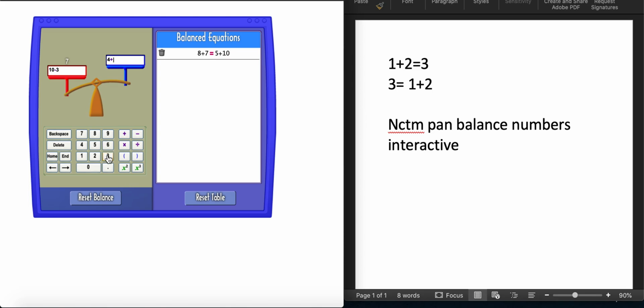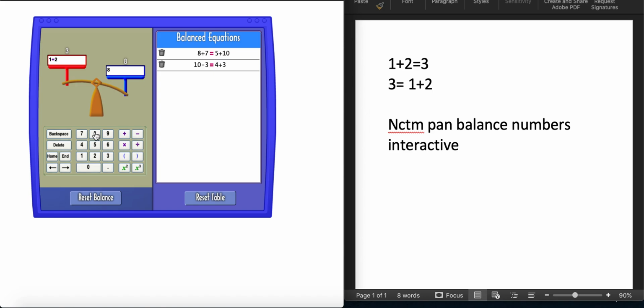Okay, hopefully you were able to figure out that if I add another 3 to this side, it's going to balance out. Now let's say you made a mistake. I have to click on a side before it'll let me do it. If I had 1 plus 2 over here, but then I put 8 on this side, you can see that my balance scales are off kilter, or one is lower than the other.